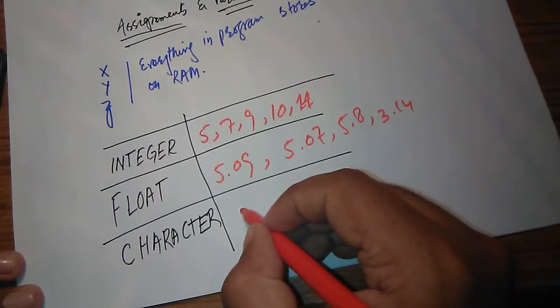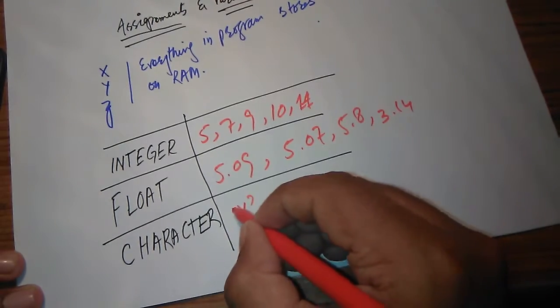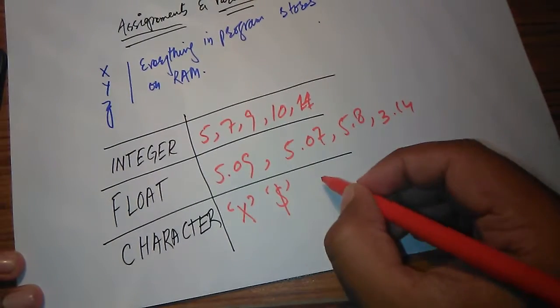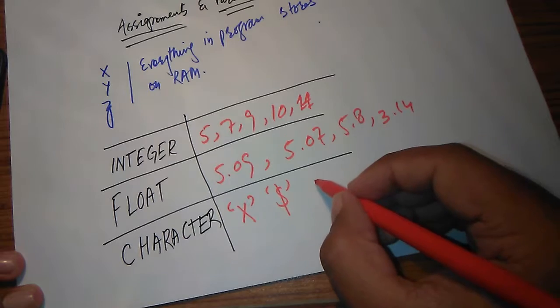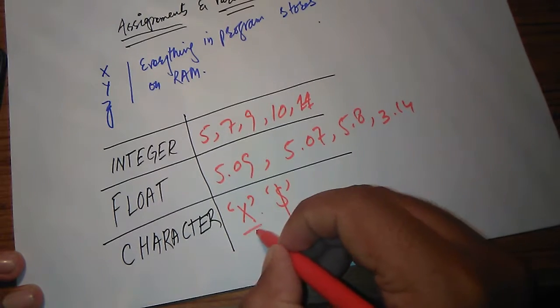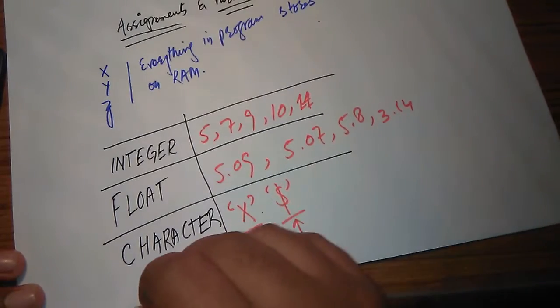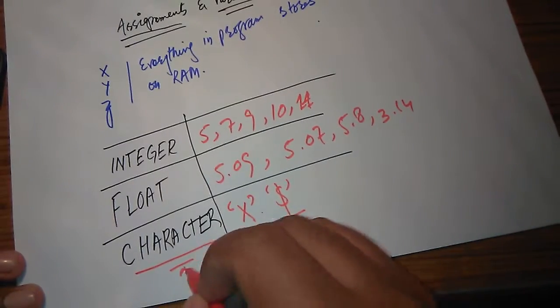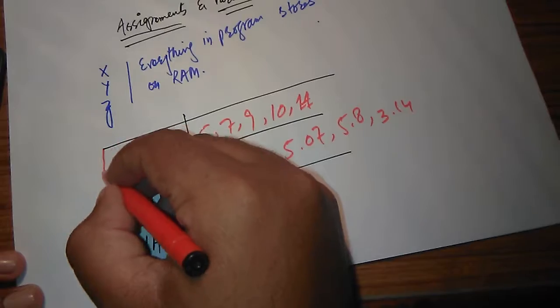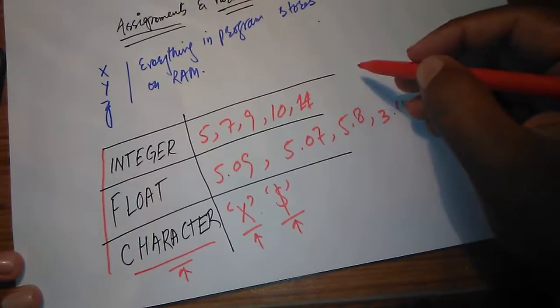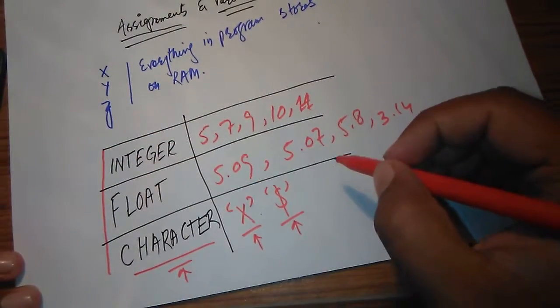And the character, any single character will be included in this data type. These are the three main data types in programming.